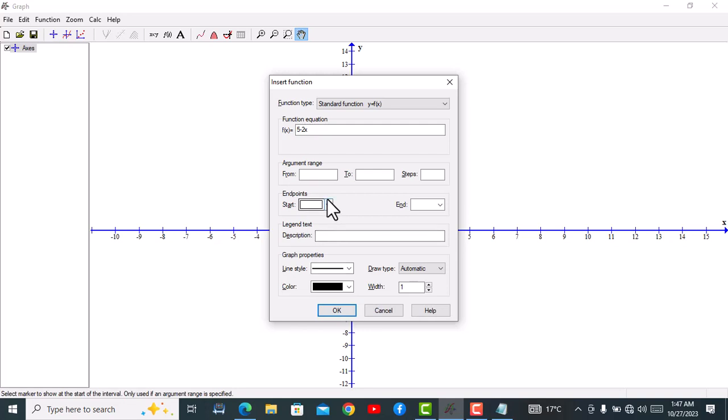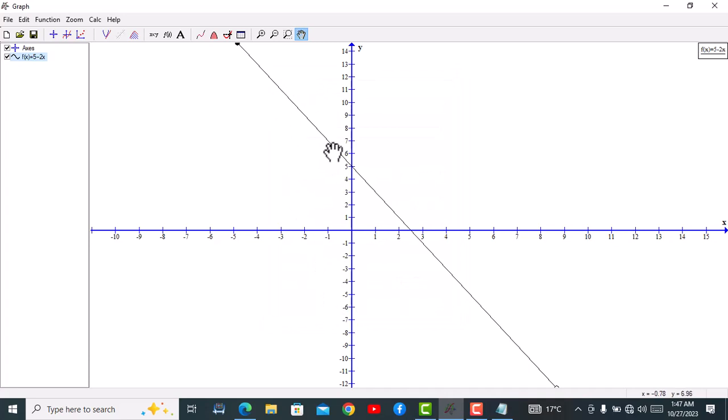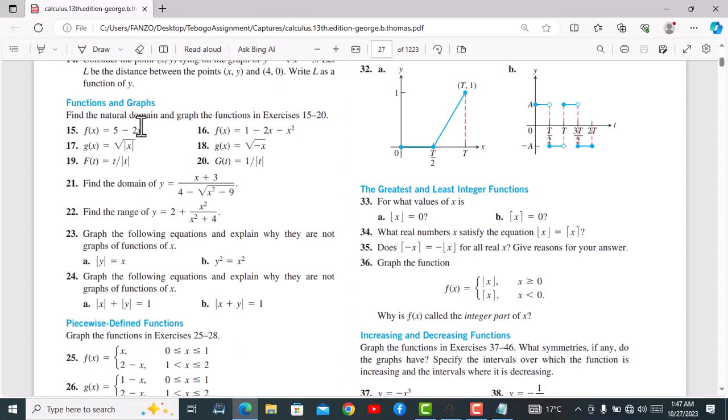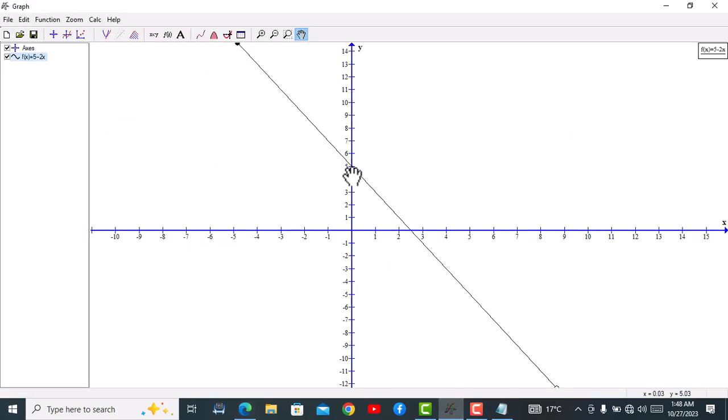I'm drawing this from negative infinity to positive infinity first, so that we may see what is happening. We have a straight line, y equals mx plus c, the gradient is minus 2, and the graph intersects at y equals 5, and there is our y-intercept.